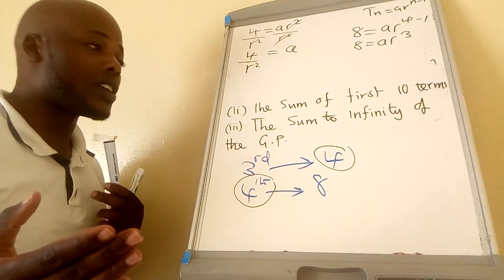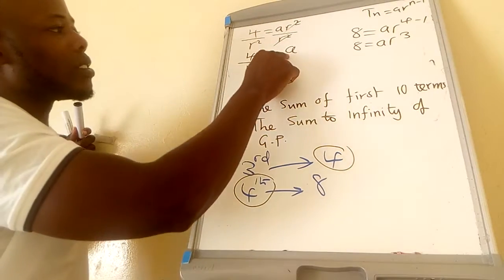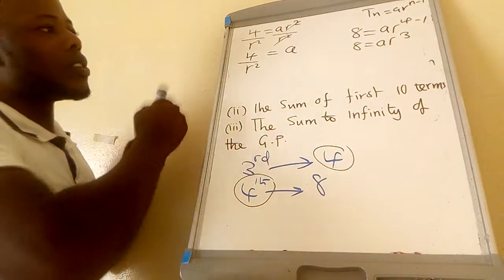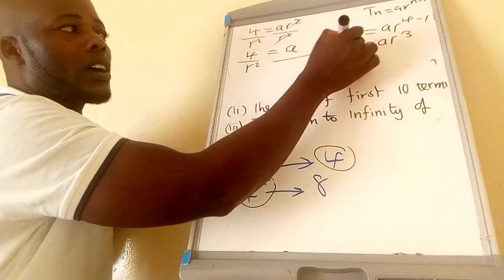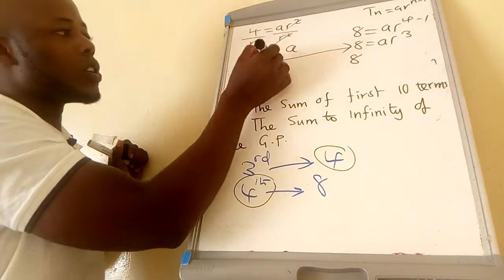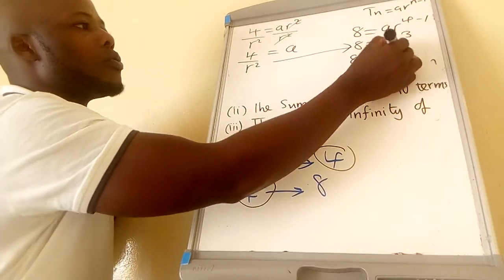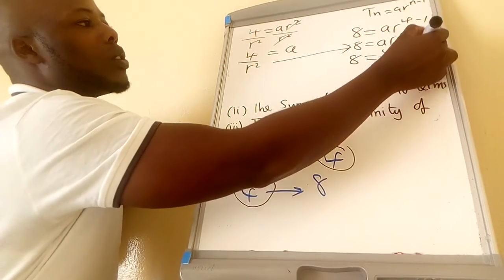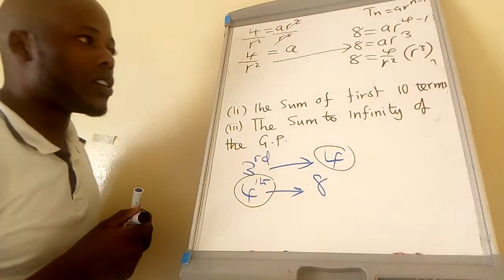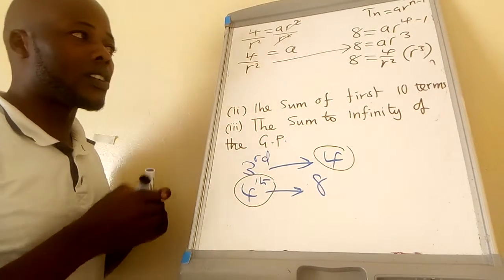Now things are getting better. We'll get this A and put it in the other equation, so it will be 8 is equal to 4 over R squared, multiplied by R cubed. Here we need to use the laws of indices.